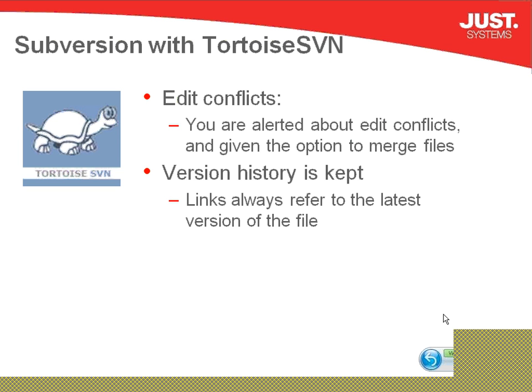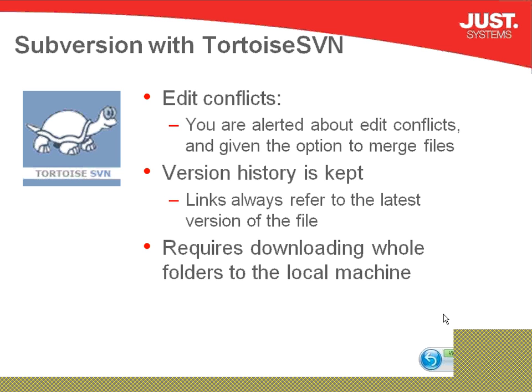Linking will continue to work because when you're making links on your local machine, they will always point to the latest version of the file, and the file name is always the same, even though there's multiple versions. Okay, so edit conflicts and versioning are handled in a fairly robust way if you understand the model.